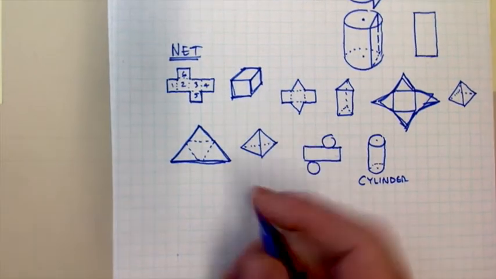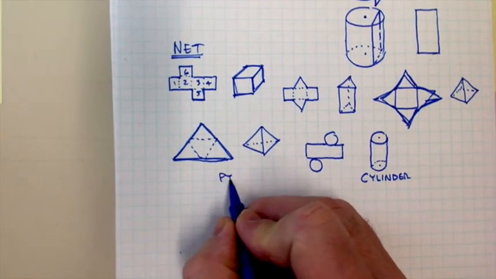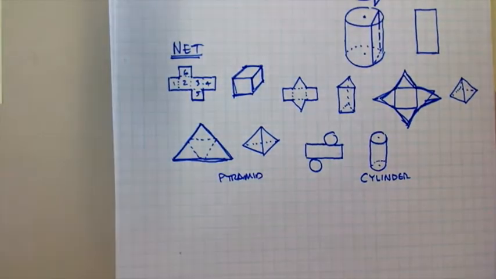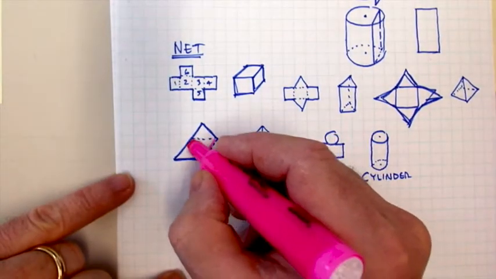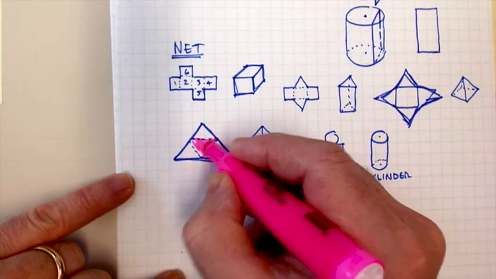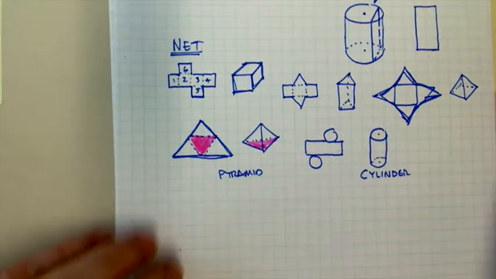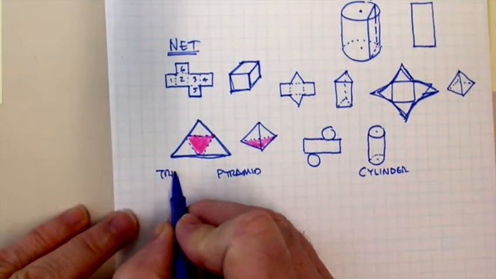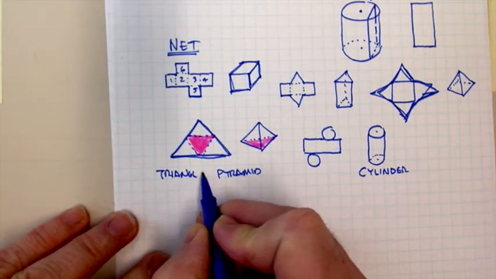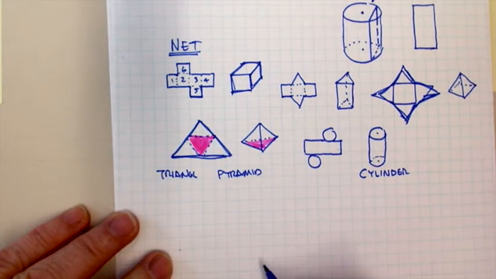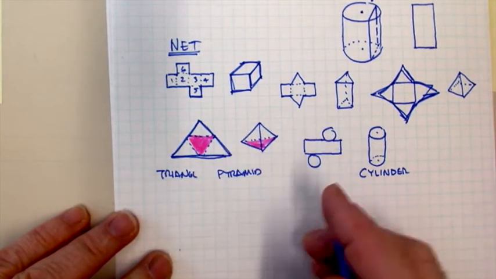This one is a pyramid, and believe it or not, we named this by the shape of its base. This one happens to be a triangular pyramid because it's made up of 1 triangle surrounded by 3 triangles.